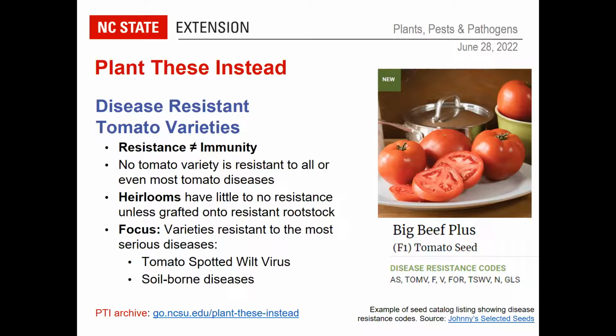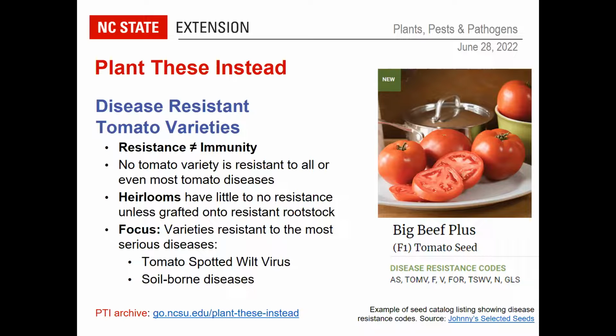So we're going to focus on disease-resistant varieties. And of course, something that can be resistant to disease is not the same as being immune to disease. So in most cases, these plants are going to perform well even when the disease is present. But what we see over time, actually, sometimes is these resistant varieties, that resistance can break down as the diseases adapt to the mechanisms of resistance.